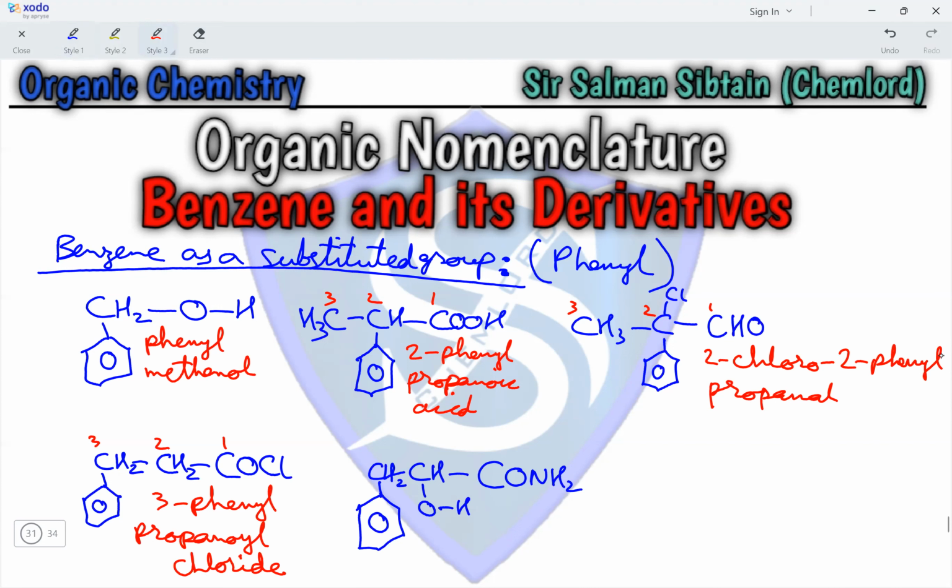So OH group stands for hydroxy and phenyl begins with a P. So hydroxy will be given preference during the naming of the compound. So 1, 2, and 3. So the name of this compound becomes 2-hydroxy-3-phenyl, and a 3-carbon amide is known as propanamide.